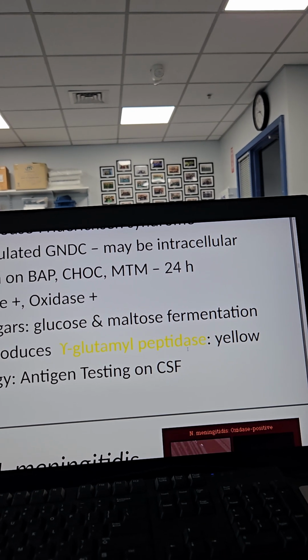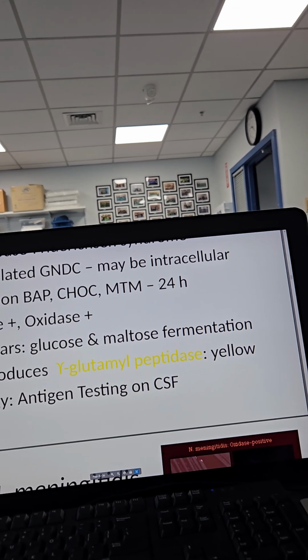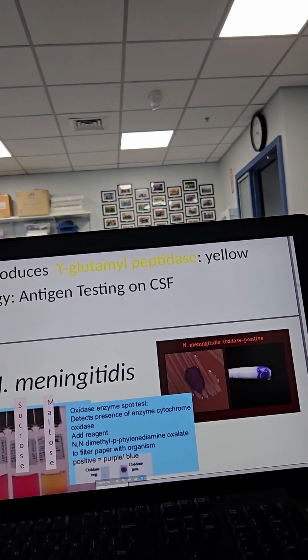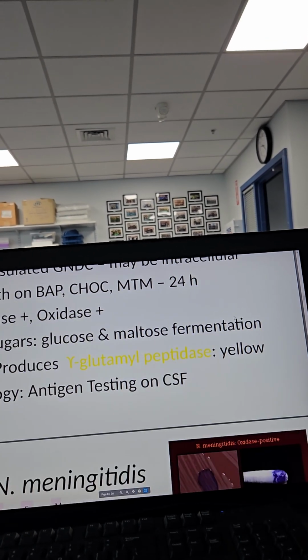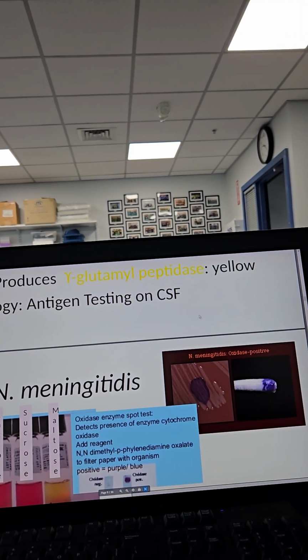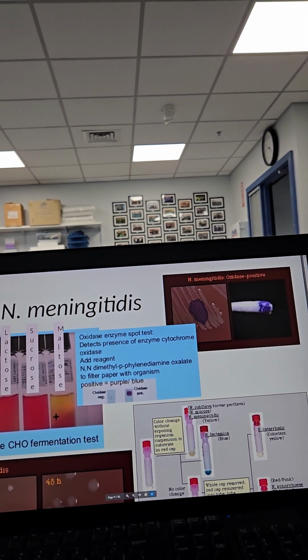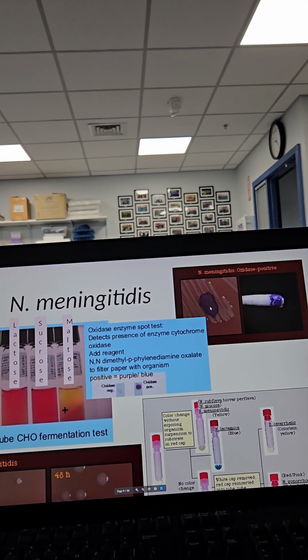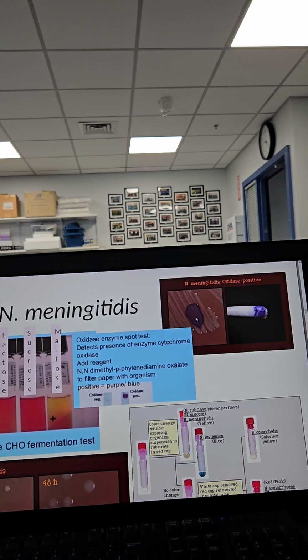Now we do CSF panels on the Cepheid IDs. That's a good thing. Because you had to boil this cerebrospinal fluid to get the capsules going. Alright. So, yes, it is oxidase positive. Yes, there are still people out there that put oxidase on their cultures. I'm like, why?